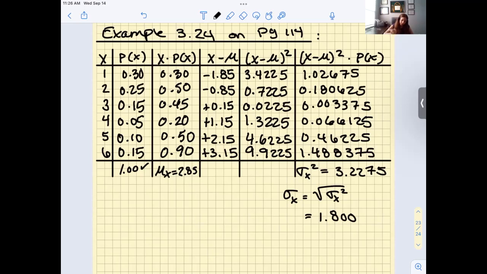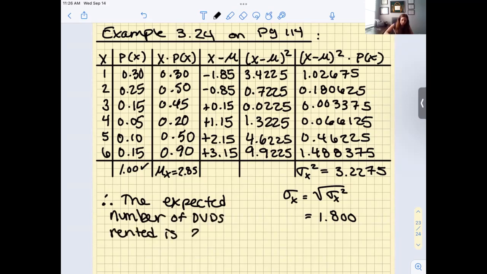Okay, always bring it back into the context of the problem. So you might say that the expected number of DVDs rented is the average 2.85 plus or minus 1.80.